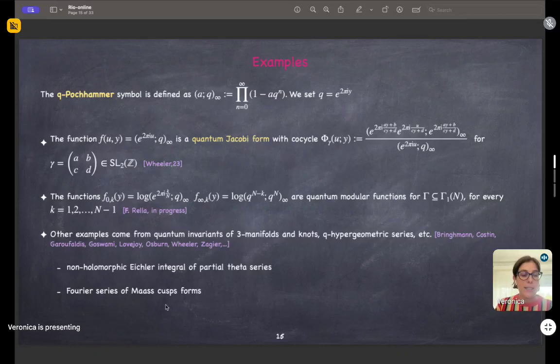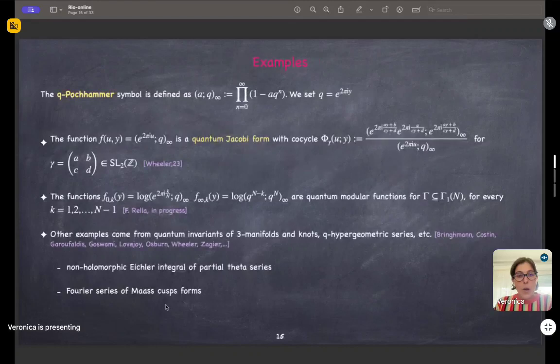Modular and quantum modular are kind of related, and these are very special types of quantum modular forms. If you look at quantum modular forms that arise from hyperbolic knots, in particular from the Kashaev invariant of hyperbolic knots, this is not typically the case, and the structure is more complicated. But I will not tell you much detail in that direction. Just to tell you that these quantum modular forms appear in very different contexts.